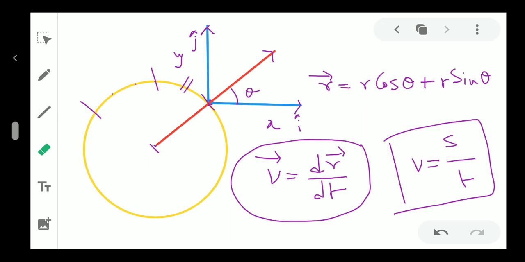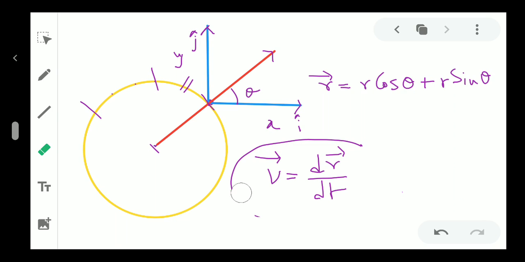Why differentiation? Because in one of my videos I have told you that differentiation is a tool that slices the function. So if I am slicing the function itself, I can see that if I take a very small portion like this, it will be approximately looking like a straight line. And also we have seen that if we differentiate the circular equation, we will be getting a linear equation, that is the equation of a straight line, and then we can use that formula v equal to s by t.